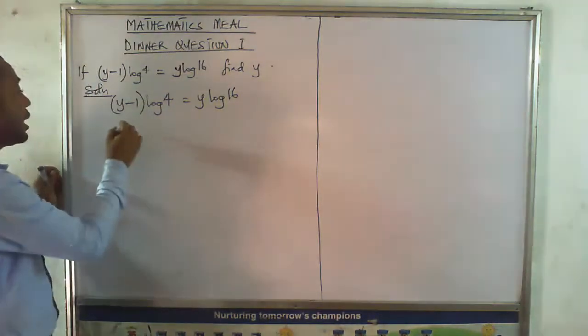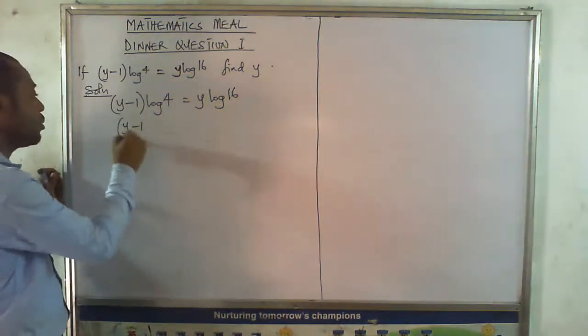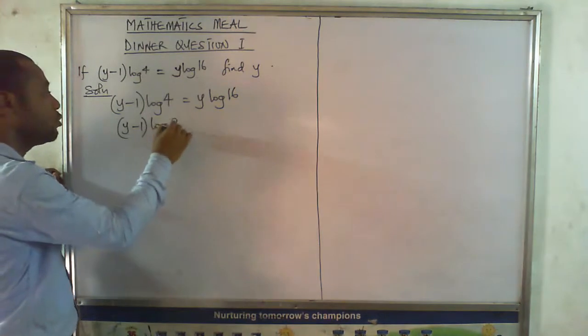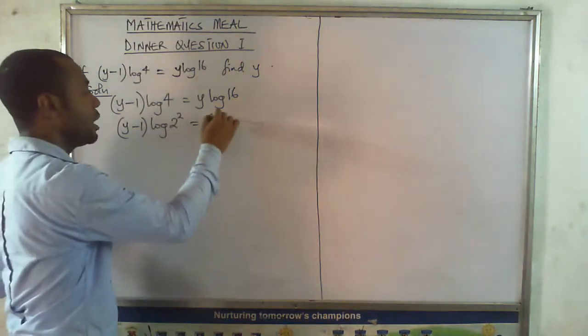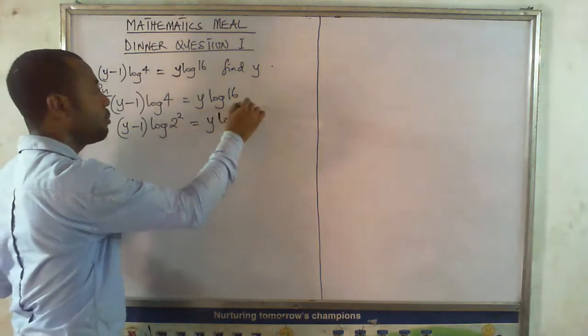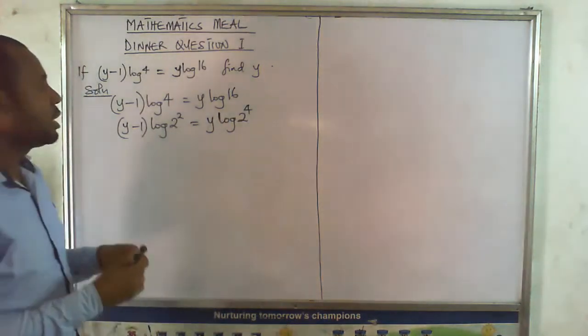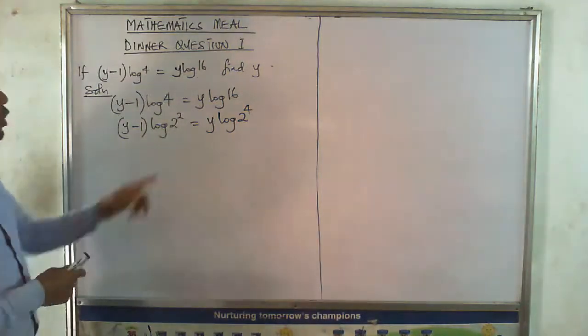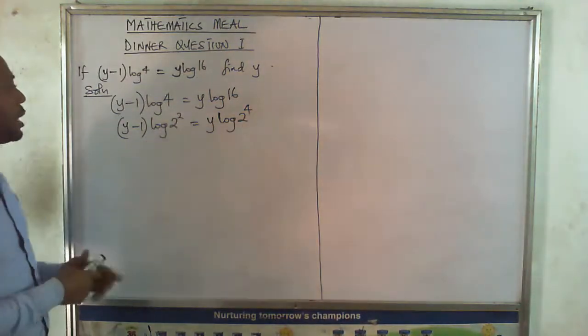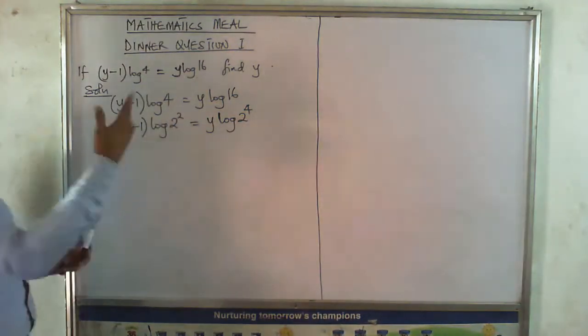16. So I can write this as (y minus 1) log 2 raised to power 2, that will give me 4, plus y log 2 raised to power 4, that will give me 16. Now, if we go further, we can remove the power in the numbers by using the law of logarithm.